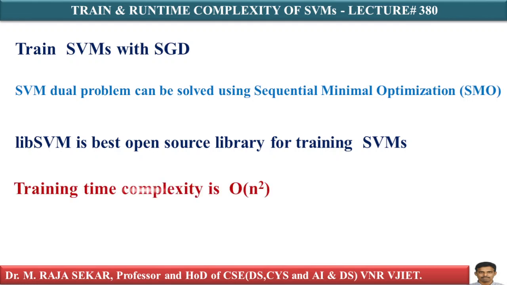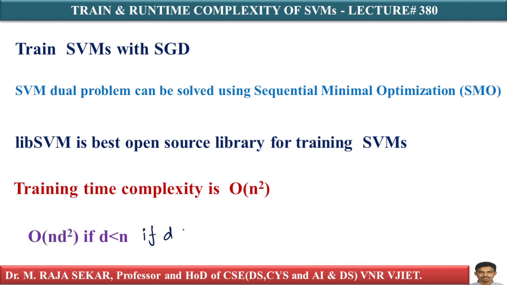Training time complexity of SVM is roughly order of n square for kernel SVMs. There is a nice optimized algorithm which came around 2007, that has time complexity of order n d square if d is less than n. Here the condition is, what is the condition?